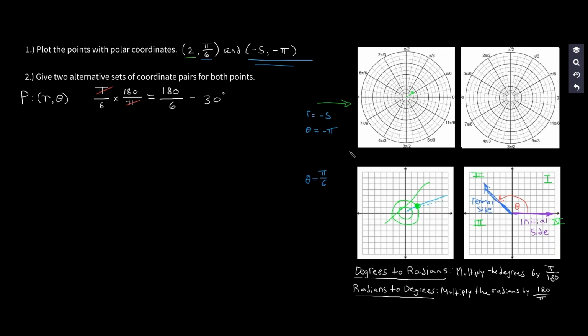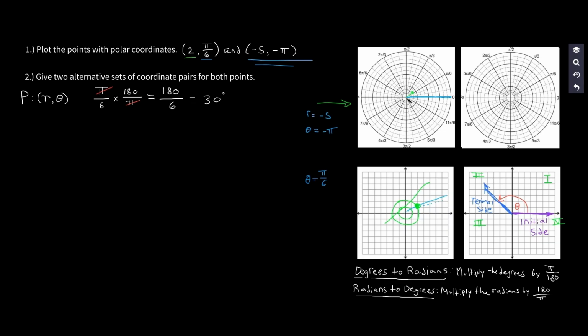So let's face the start. We're going to face the start here along the initial side, and we're going to look along what used to be the x-axis, the positive x-axis, and now we're going to make a turn. So theta equals negative pi, and since the angle is negative, we're going to rotate clockwise.